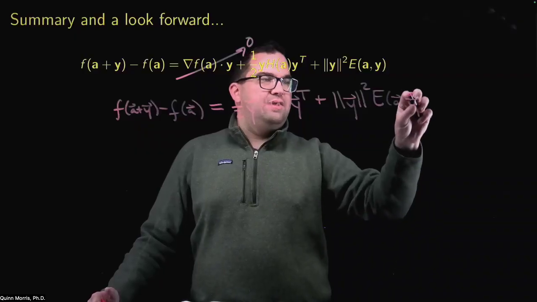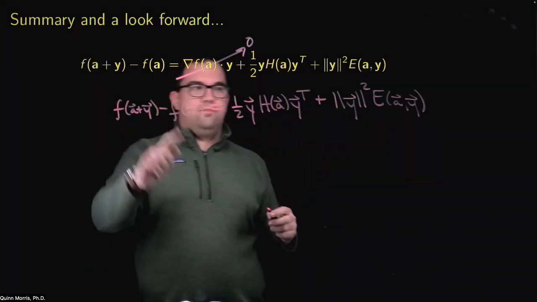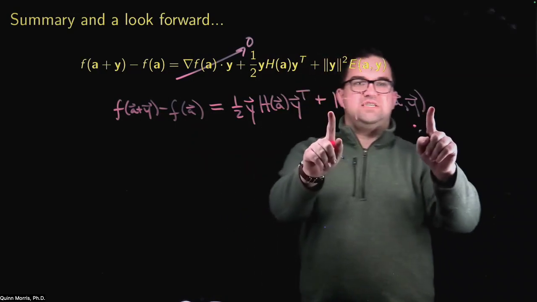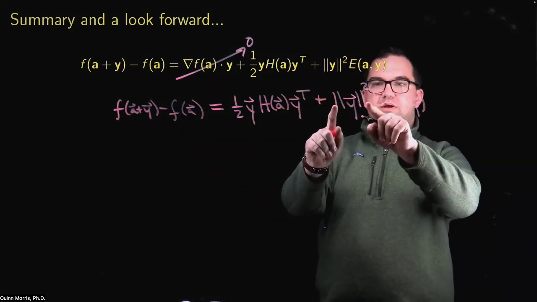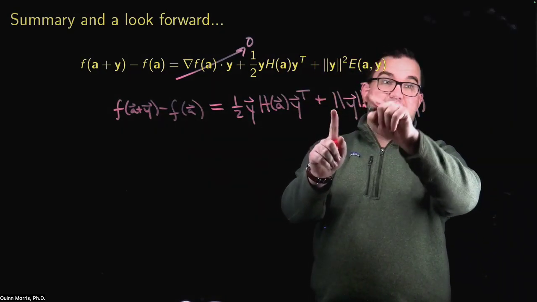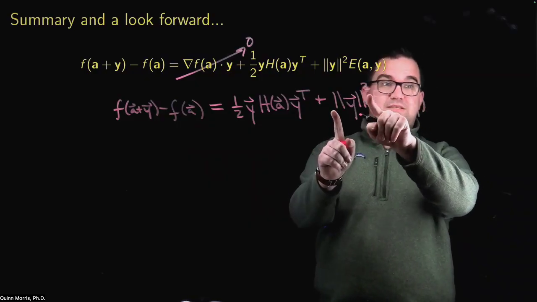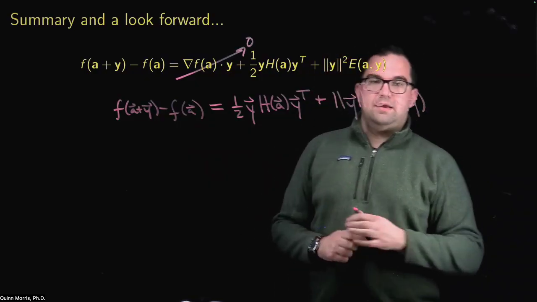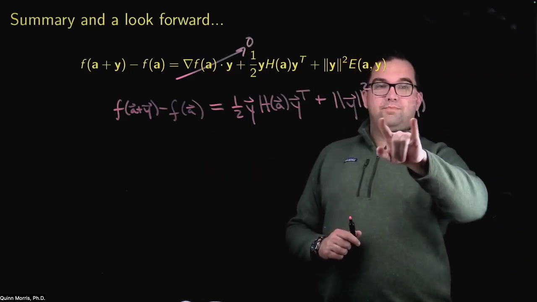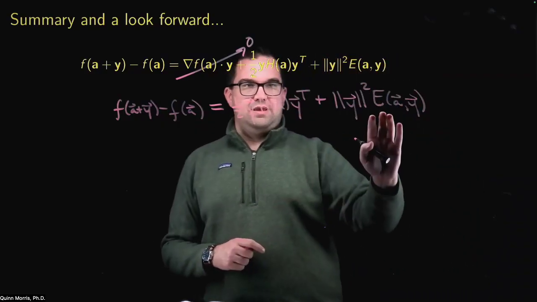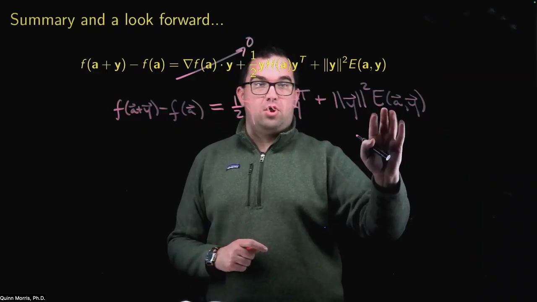If y is small, this error term is going to be super small, because if the norm of y is less than 1, then the norm of y squared will be even less. And this is also going to 0. So for y close by, I ought to be able to make this as small as I like.